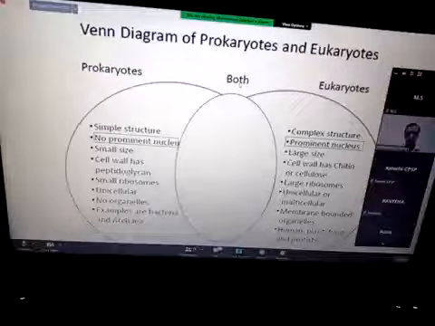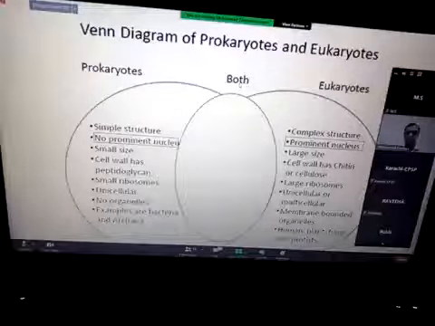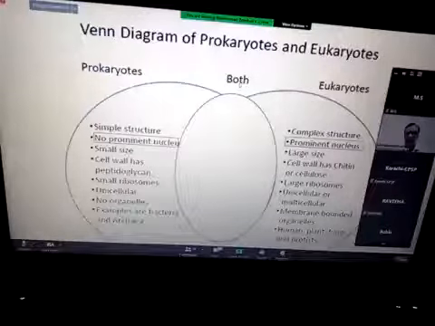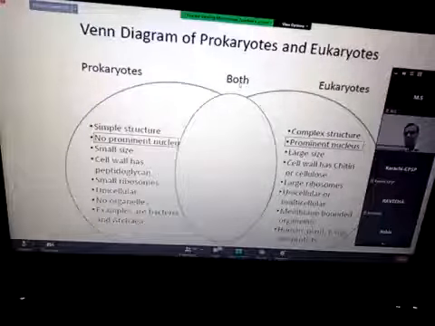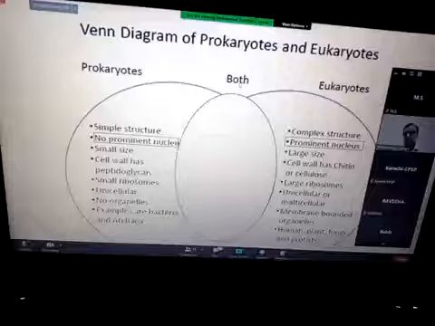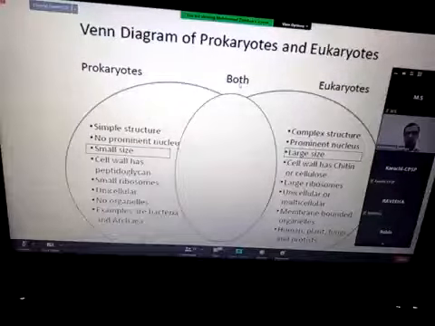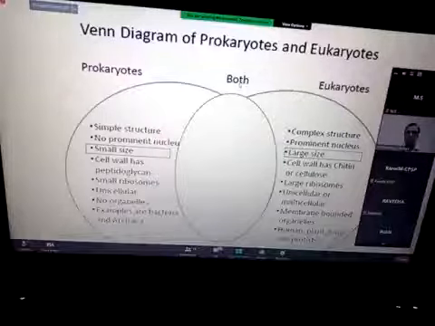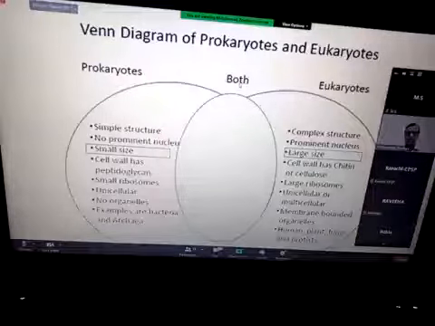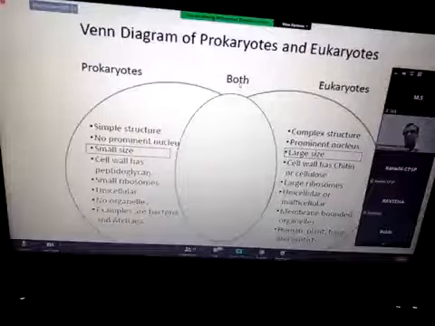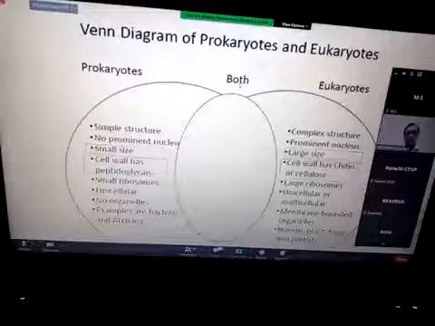In prokaryotes there's no prominent nucleus; we call it the nucleoid there. In eukaryotes there is a prominent nucleus. The size in prokaryotes is in micrometers, in comparison to eukaryotes, which have a larger size.